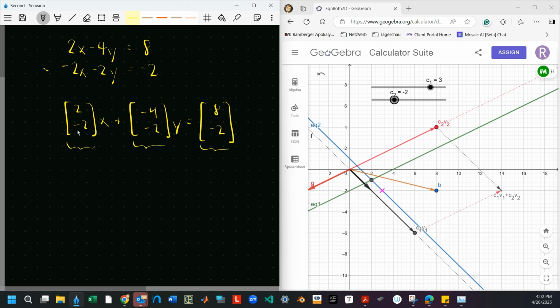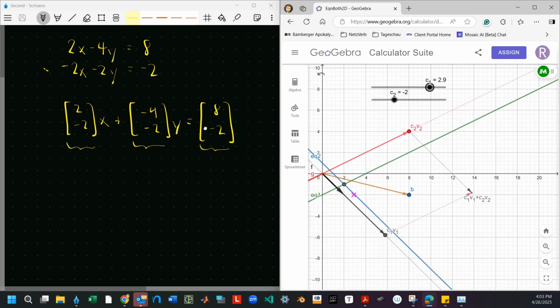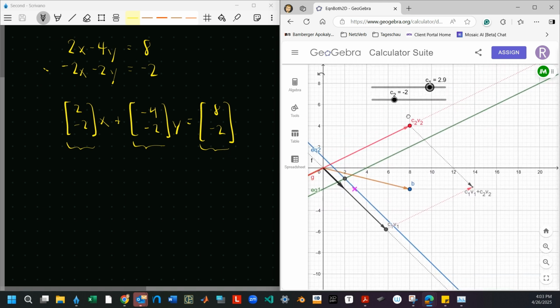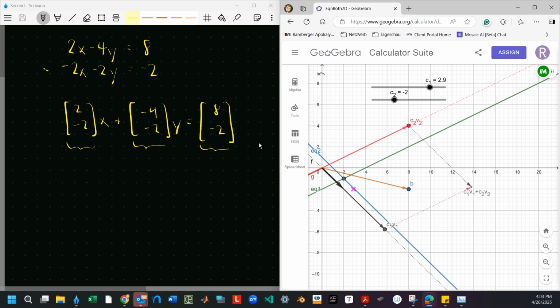So I'm taking this black vector and scaling it by some coefficient, which I'm calling c1. Then I'm taking this vector and multiplying it by something, scaling it, and the result wants to be this b over here. So two very different pictures.